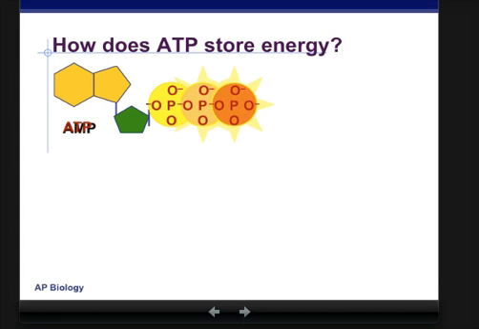All right, so that makes it a super unstable, hot stuff kind of molecule. It wants to give off that phosphate as soon as it can. It's not going to stick around. It doesn't want to store it up. It wants to give this phosphate away at the soonest opportunity.